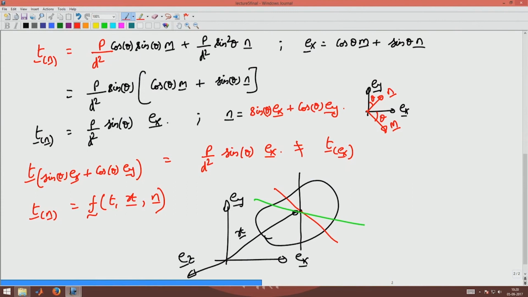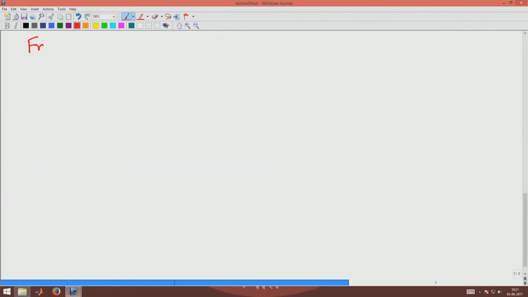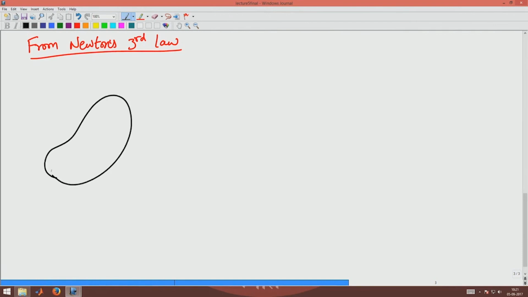Okay. The traction depends upon not only the time and x, but also the orientation of the plane at which the cut is made. Now next what we want to do is understand how this function will depend upon n. For this we appeal to Newton's third law. We know that if I have a body, I have been using this all along in our discussion.